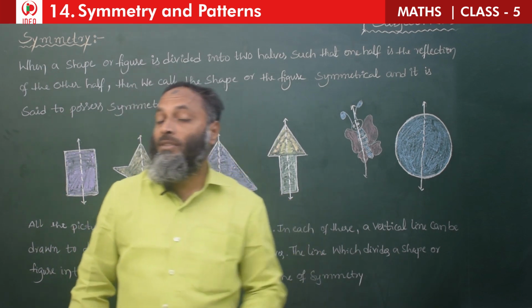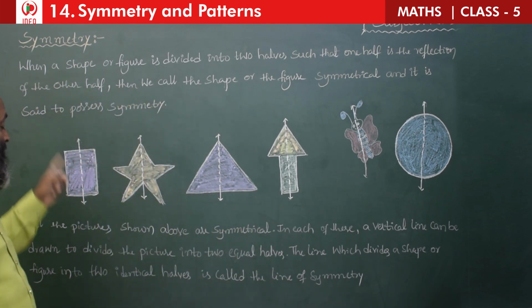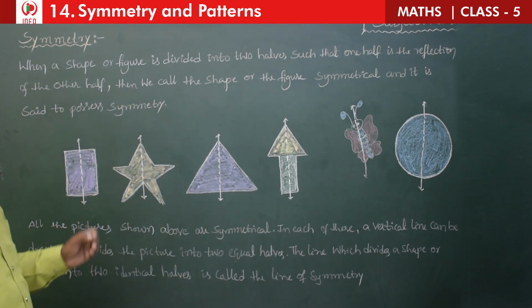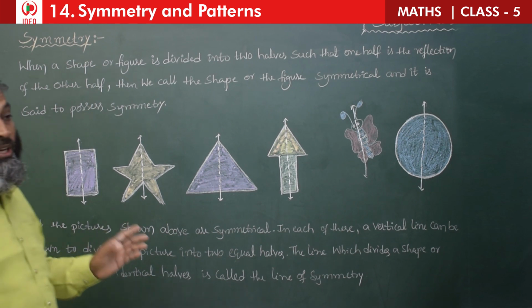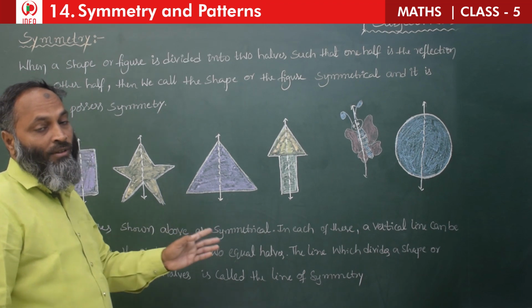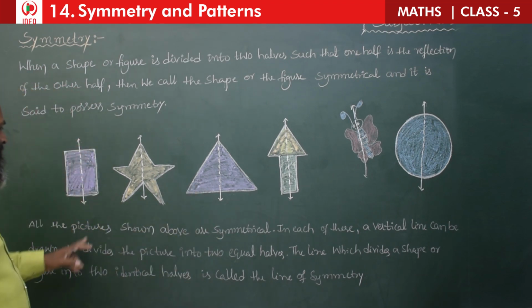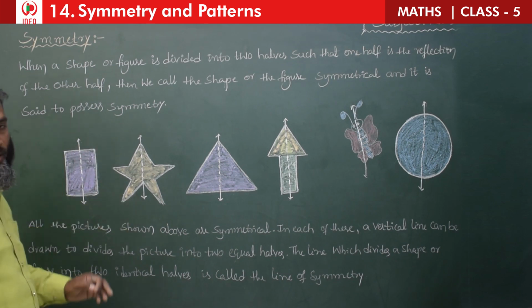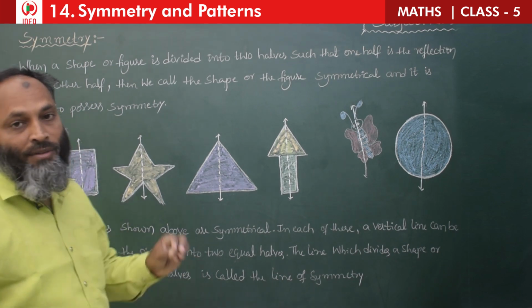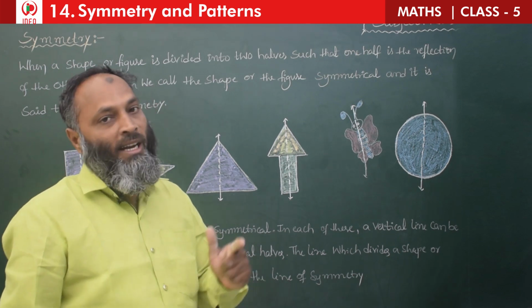So what is a line of symmetry? The line which divides the given figure into two identical halves, meaning one half looks like a reflection of the second, that line is called the line of symmetry.